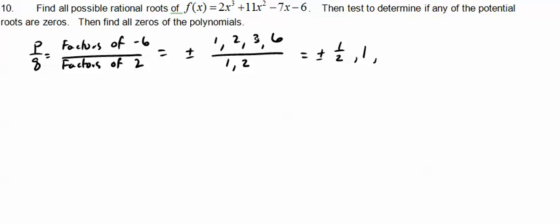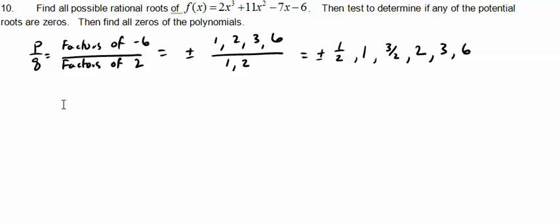Then 3 over 2, that's 3/2, and then 2 over 1, that's 2. 3 over 1 is 3. Then 6 over 2, that's still 3, and then 6 over 1. Okay, so that is all my options.